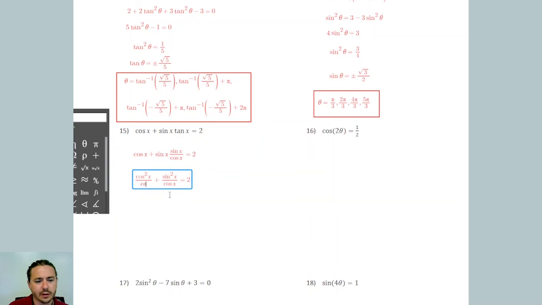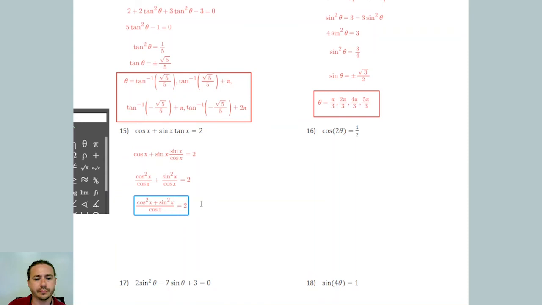Now I've got a common denominator, so I can add these two fractions together. So I have cosine squared x plus sine squared x all over cosine x, and that will equal 2.